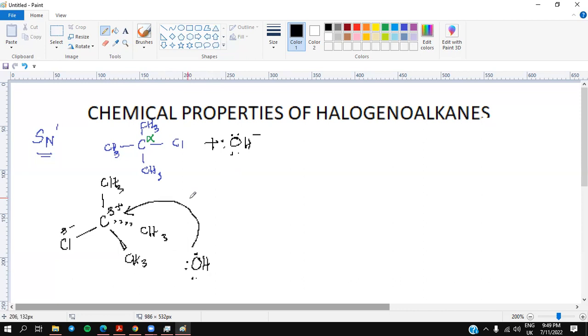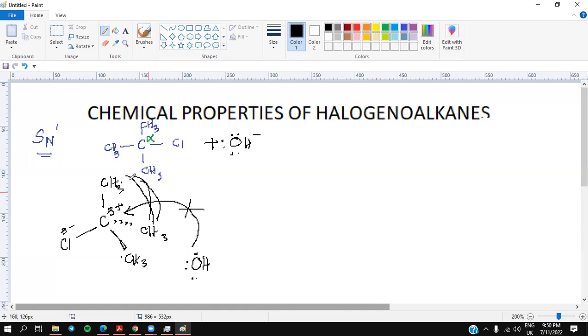However, this reaction cannot happen in this manner. It doesn't happen. Why doesn't it? Theoretically, when you look at this structure, you can say, all right, OH negative is going to give electrons to the positively charged carbon atom and remove this chlorine. It doesn't happen. The reason is the 3 CH3 groups on the right-hand side are covering this entire side.